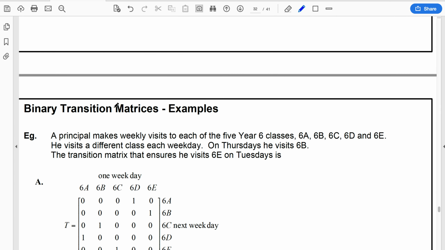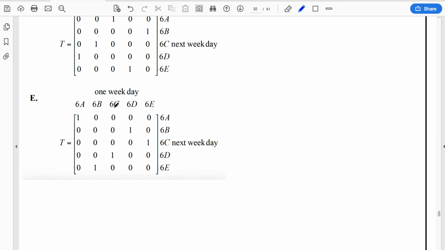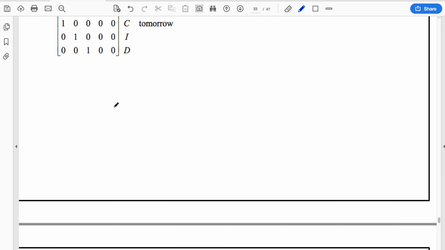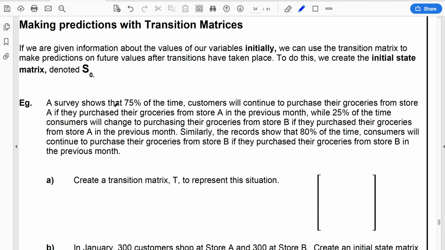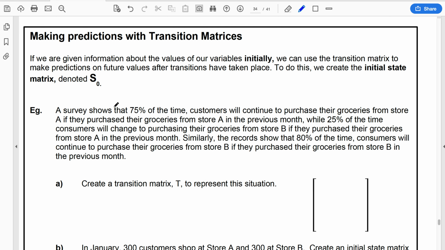So I might just skip over binary transition matrices for now, and I'll come back to that in a separate video, because I just want to show you how we can put this sort of information into a more efficient calculation, and that's really what we're going to be doing with these transition matrices.